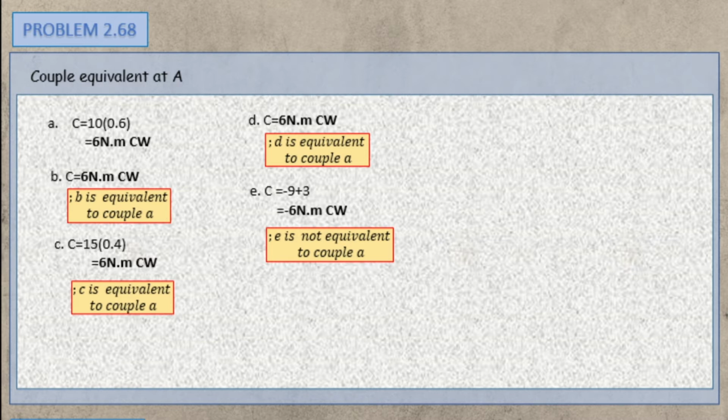So the answer will be negative 6 Newton meter. Therefore, it is not equivalent since our answer here is negative. This one is rotating in counterclockwise direction.